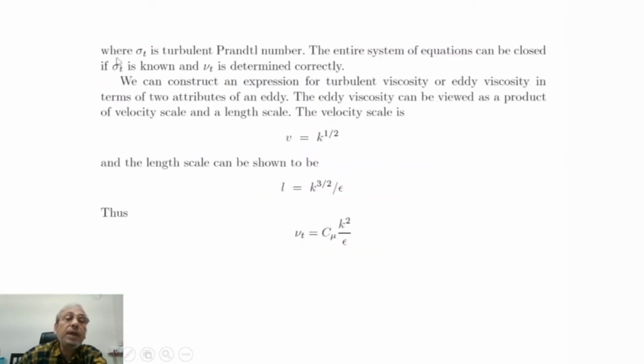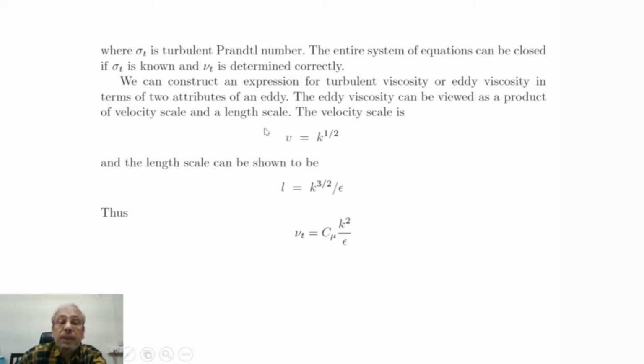Now, as we have already mentioned, sigma t is turbulent Prandtl number. The entire system of equations can be closed if sigma t is known and nu t is determined correctly. We can construct an expression for turbulent viscosity or eddy viscosity in terms of two attributes of an eddy. The eddy viscosity can be viewed as a product of velocity scale and a length scale.